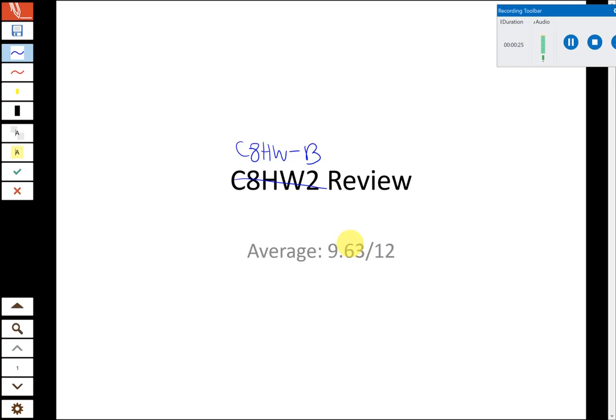So the topics that we're going to cover, there's sort of two major areas of focus on this assignment. One is what we refer to as Dalton's law of partial pressures, which deals with mixtures of gases and how their pressure and volume behave. The second major topic is the kinetic molecular theory of gases.